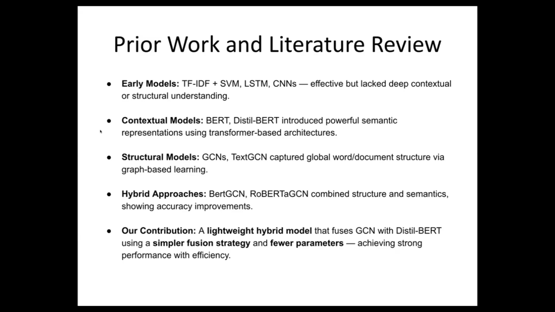This brings us to our contribution. We proposed a lightweight hybrid model that fuses DistilBERT with GCN using a simpler fusion strategy, that is concatenation, and significantly fewer parameters. The result is a model that's both efficient and performant, making it better suited for real world deployment scenarios.